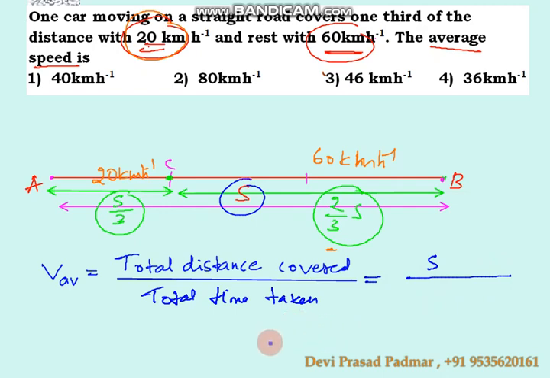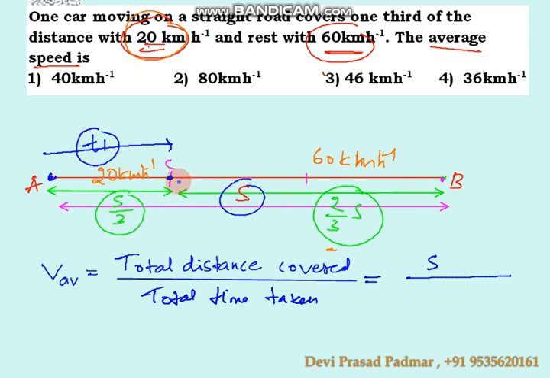This total time taken can be divided into 2 parts. One is from A to C. Let's consider that the car takes a certain time T1 to move from A to C. So the first distance, S by 3, is covered in time T1.